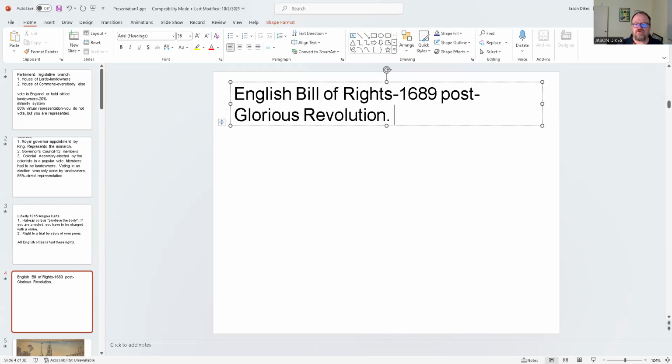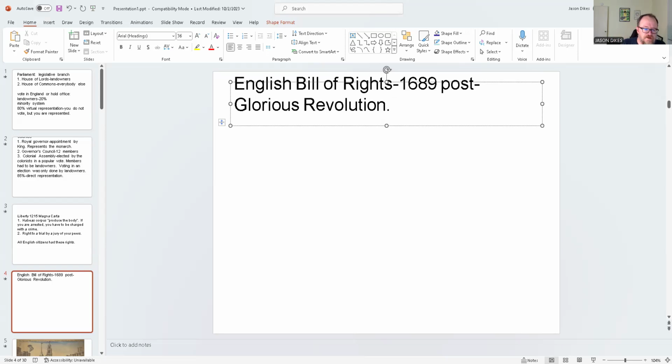The Glorious Revolution had been from Unit 1, when James II had been overthrown by Parliament in 1688. And so a Bill of Rights had come out of that, called the English Bill of Rights. There's a lot in the English Bill of Rights, but with regards to the American situation, there's only a couple of things that we need to know about.